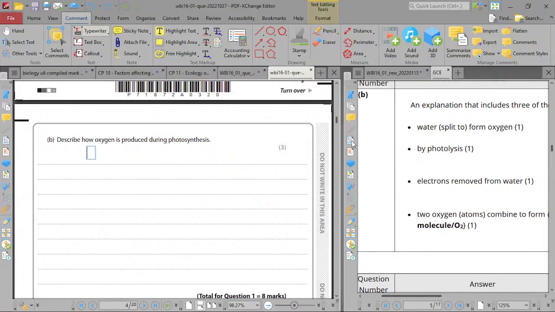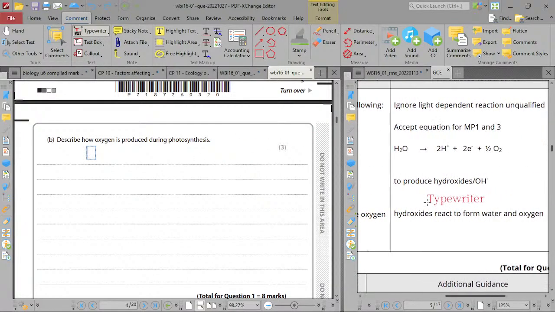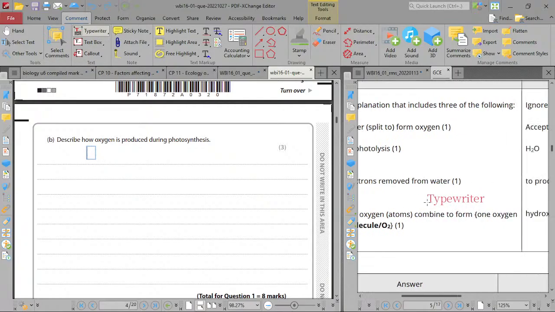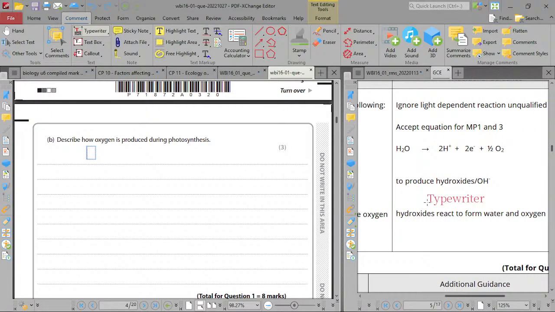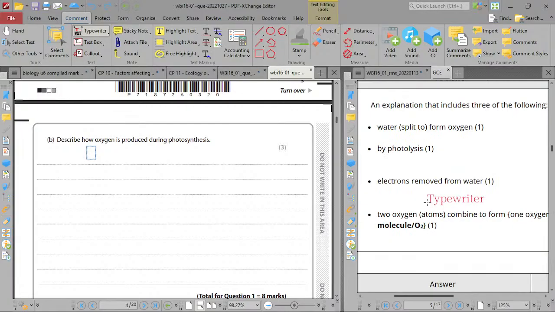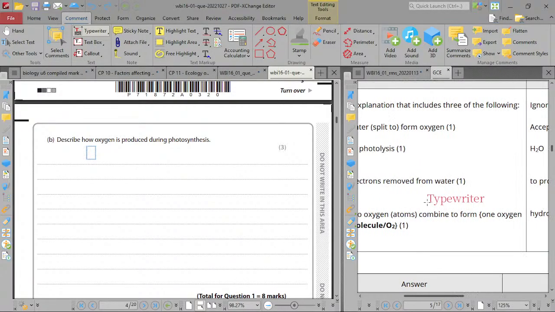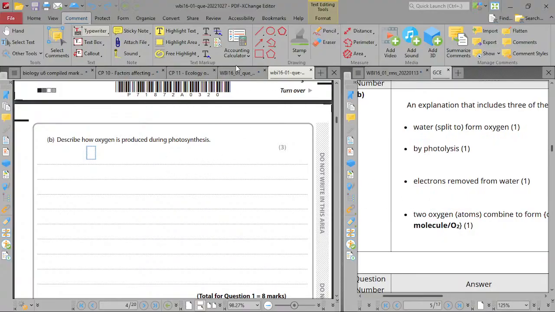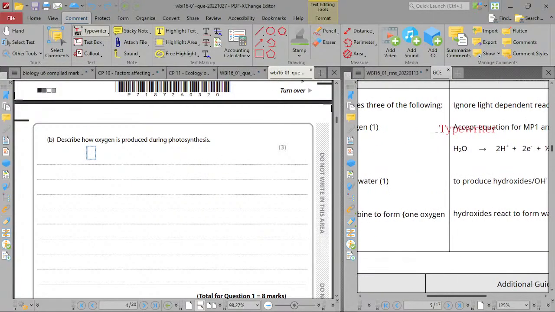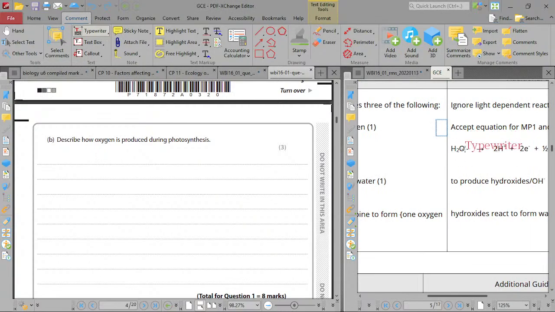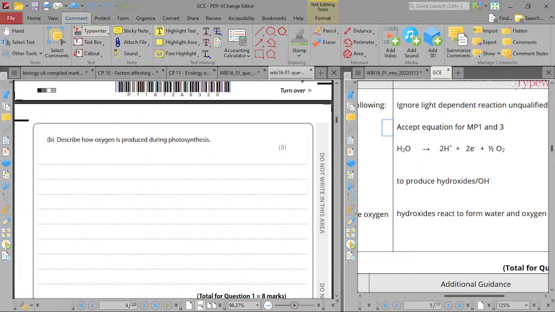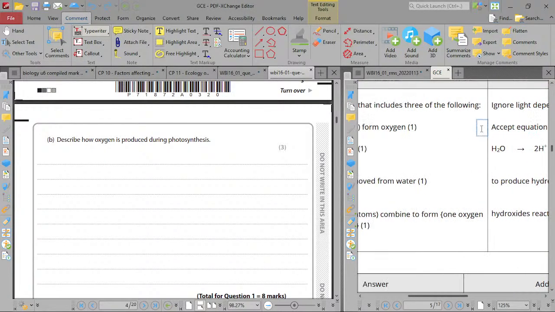So simply put, you can just say water splits to form oxygen by photolysis. And then two oxygen atoms combine to form one oxygen molecule. This is going to be an oxidation.